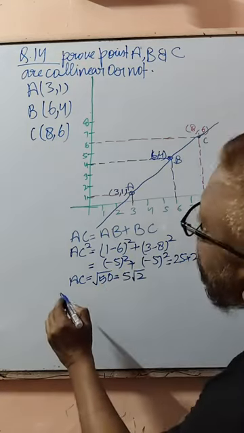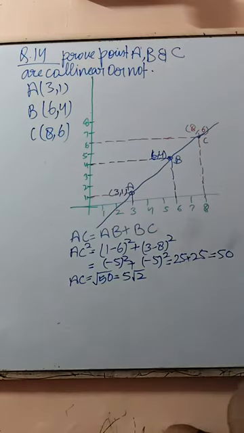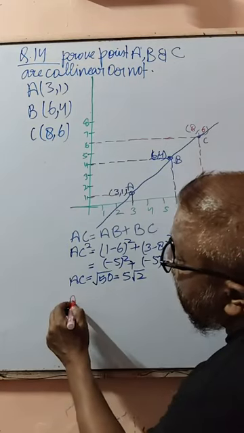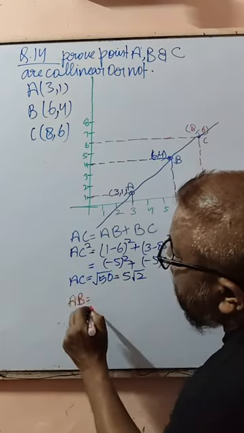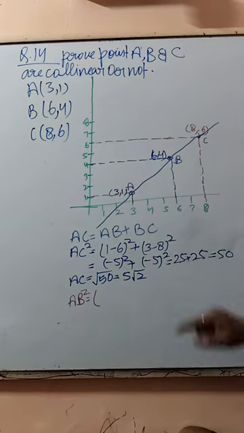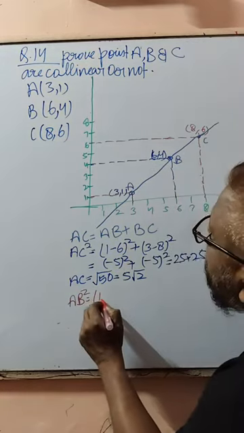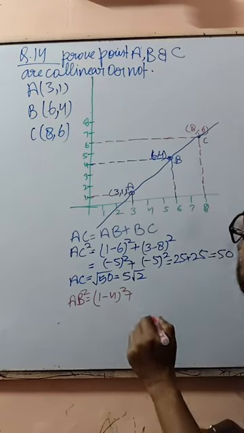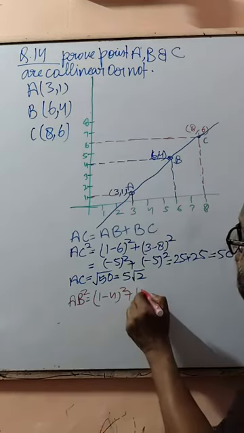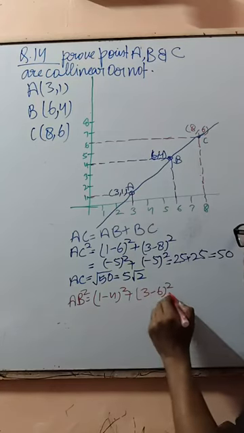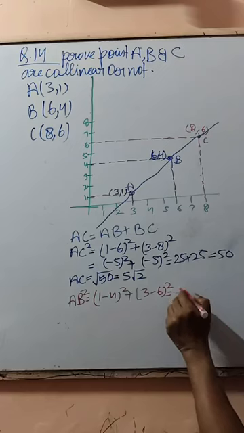Great. Now we go for which one? Which you like? AB. AB square is equal to minus 1 minus 4 whole square plus 3 minus 6 whole square. So how much you get?